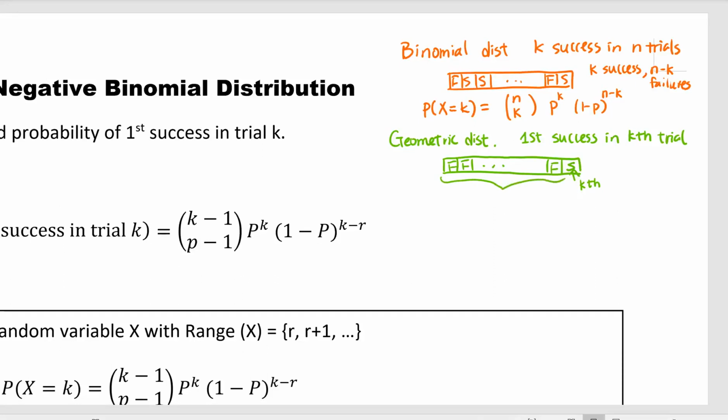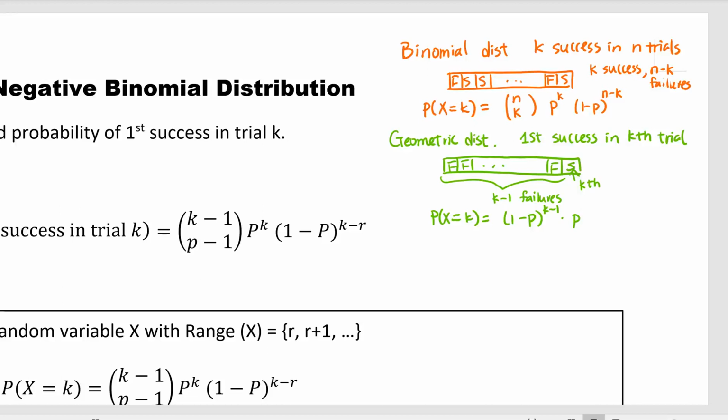Here we have K minus 1 failures. That's why the probability is: the probability of failure is 1 minus P, we have K minus 1 failures, and the last one is a success, with probability P. So this is the PMF for the geometric distribution.